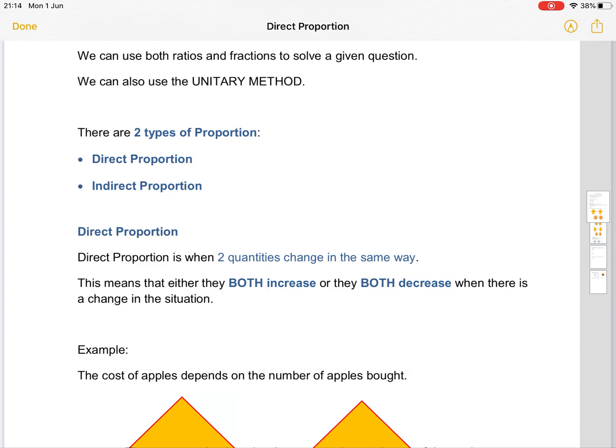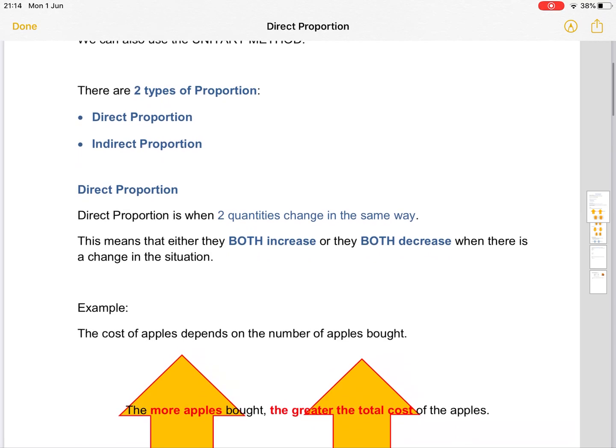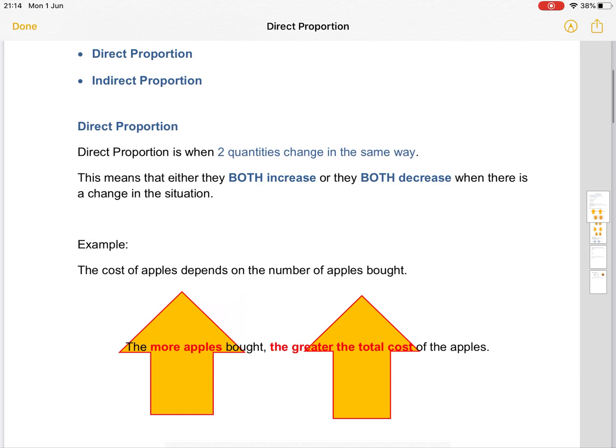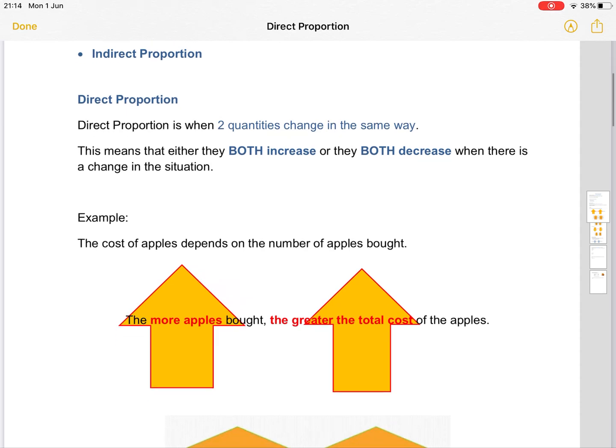Now, direct proportion is when two quantities change in the same way. This means that they either both increase, right, or they both decrease, right, when there is a change in the situation, all right? That's why it's called direct proportion, because if one changes, it will affect the other in the same way, but it has to increase as well or decrease as well, alright?